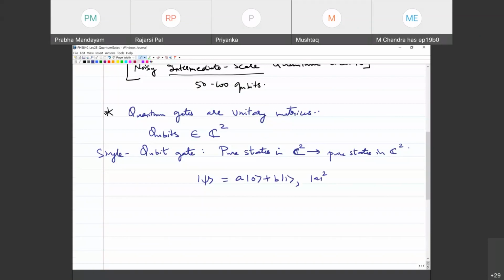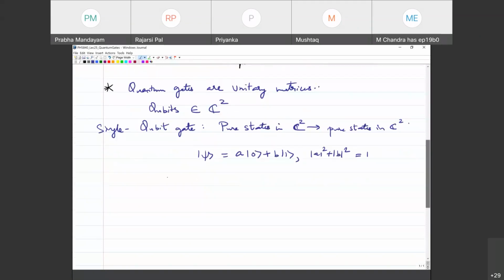And I think I showed you this earlier, that since they are column vectors of this form, single qubit gates are then essentially 2 cross 2 unitary matrices. Unitary because these are the norm preserving operations.